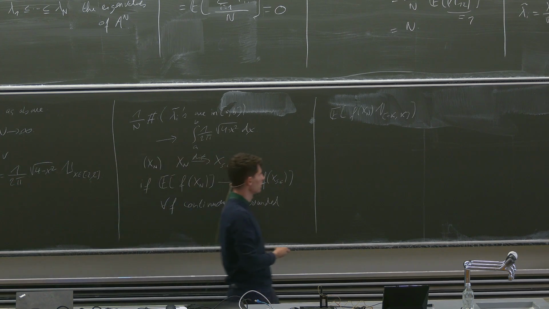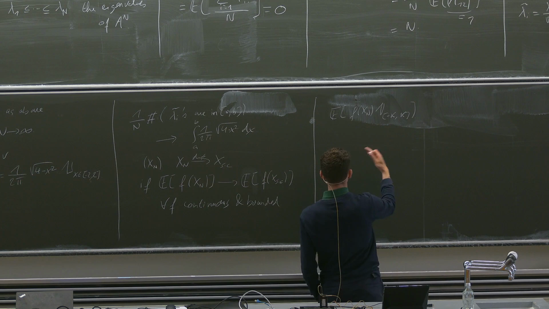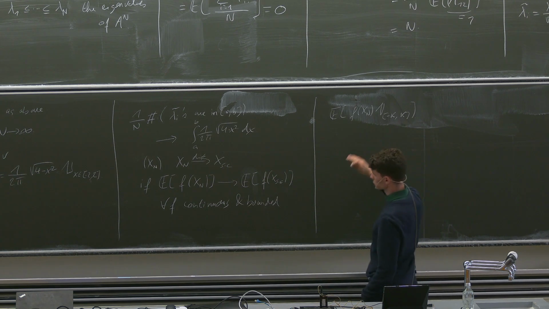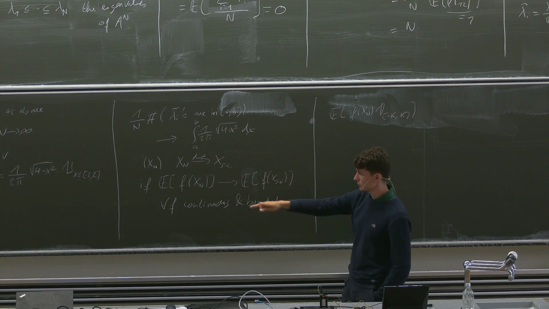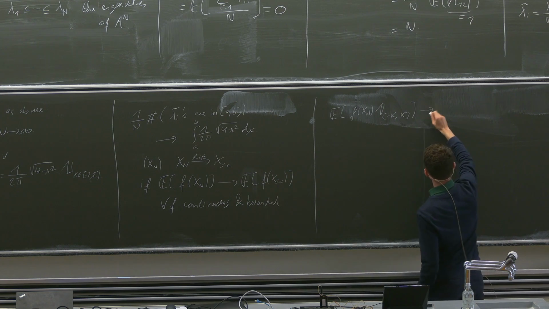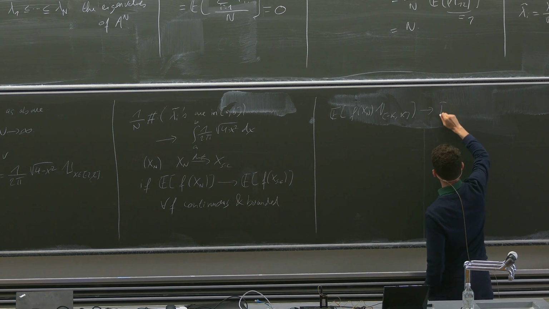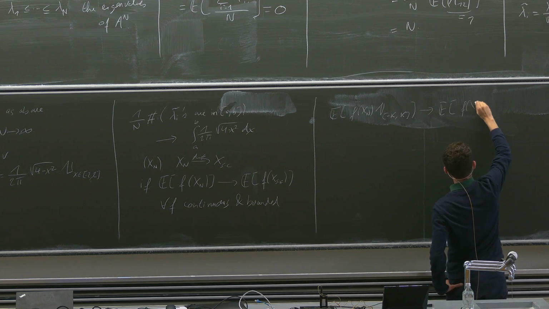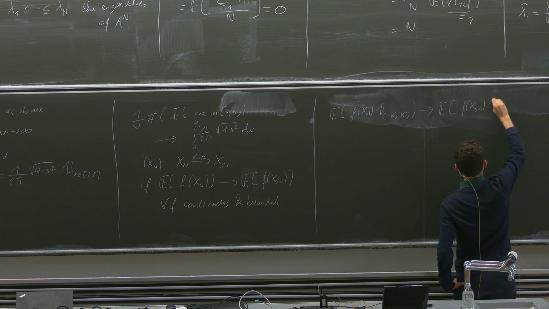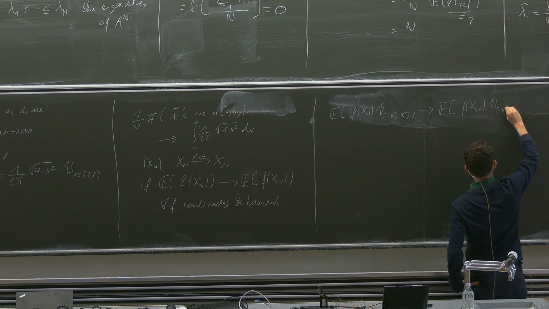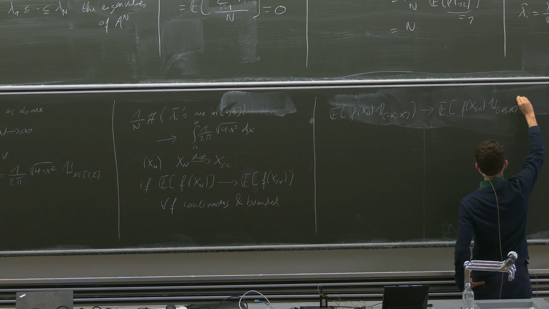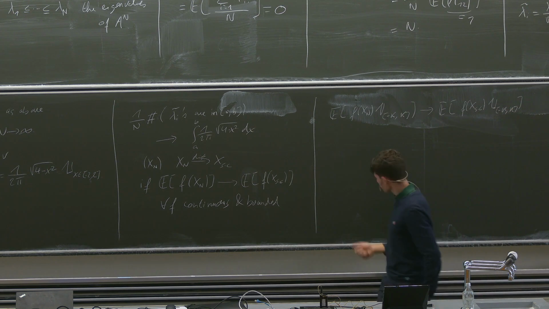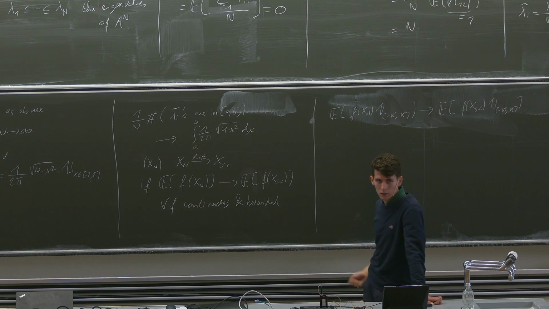So this will be very close to this, and this is already supported on a compact set, so this is the same as saying that it goes to the expectation of f(X_SC) times the indicator of [−K, K]. Now we have a continuous bounded function on a compact interval, so by the Weierstrass approximation theorem, we can approximate it with polynomials.